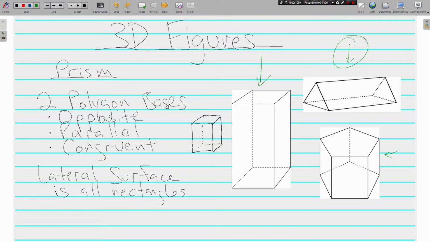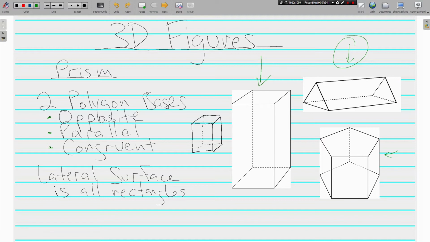The bases are triangles. How do you know what the bases are? Well, the bases of a prism are polygons, and they are opposite, parallel, and congruent. So the triangles on the left and right side are actually the bases because those are the only polygons that are opposite, parallel, and congruent.